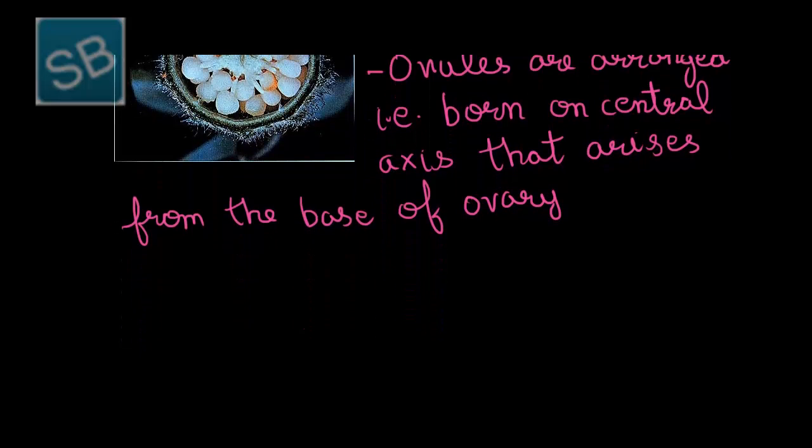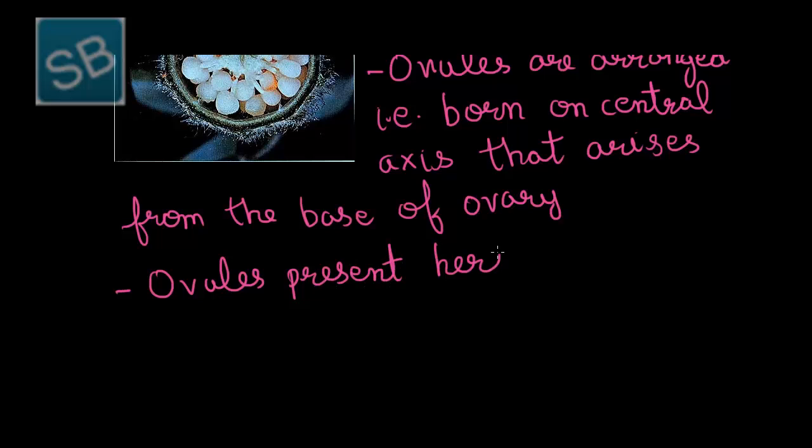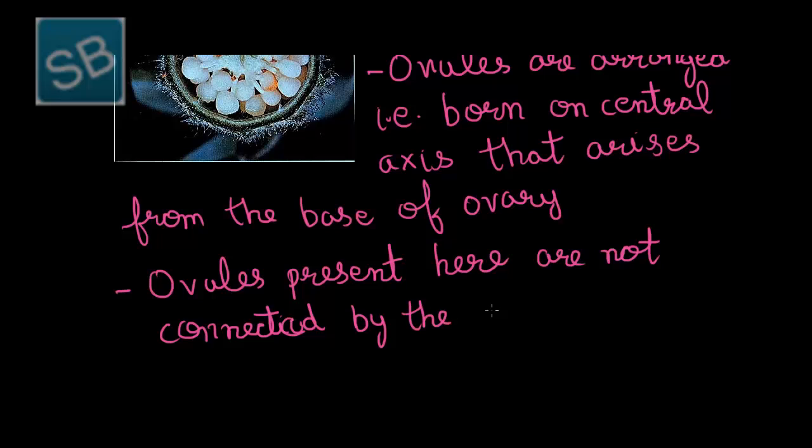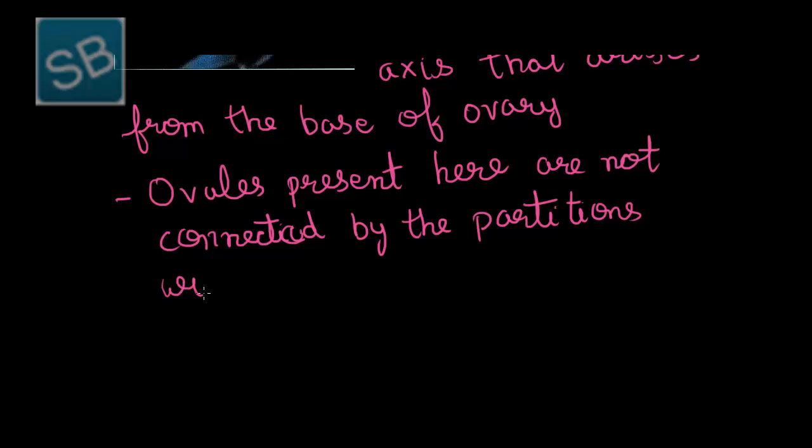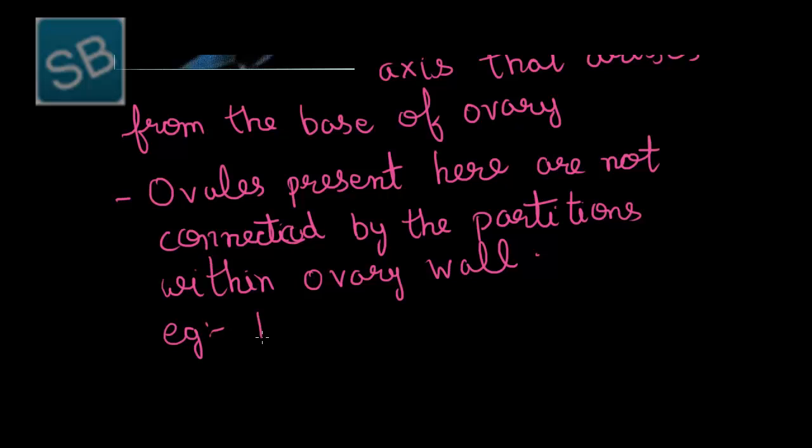The ovules present in free central placentation are not connected by the partitions within the ovary wall. Example for this type of placentation is dianthus.